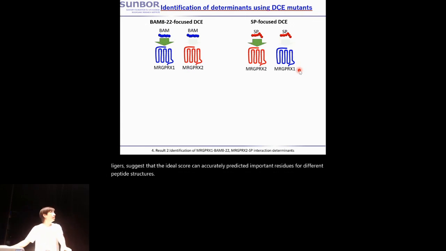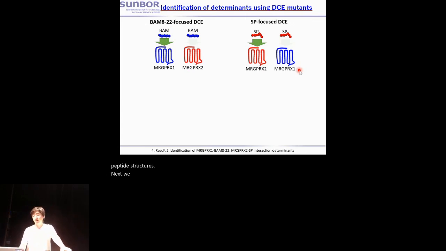Next, we estimated the determinants of ligand specificity of MRGPRX1 and 2 discussed in the introductory section. BAM22 interacts with MRGPRX1, and SP interacts with MRGPRX2.